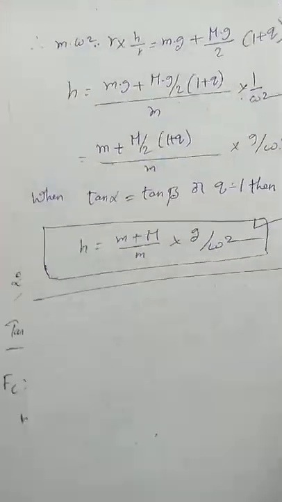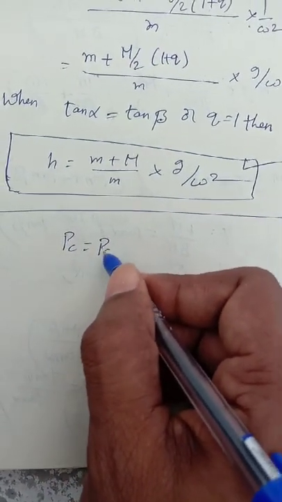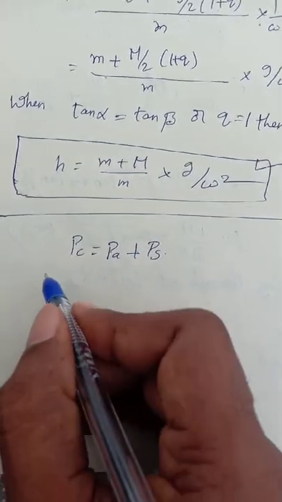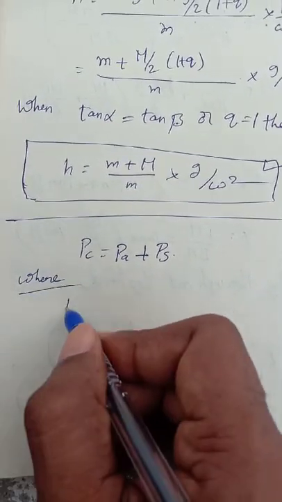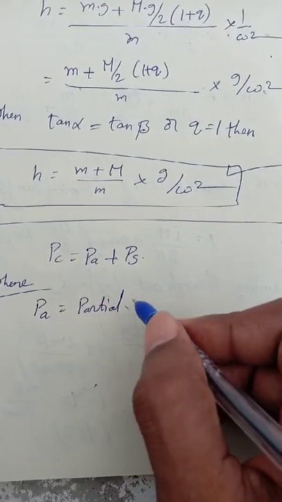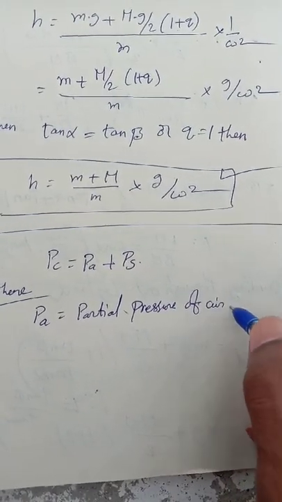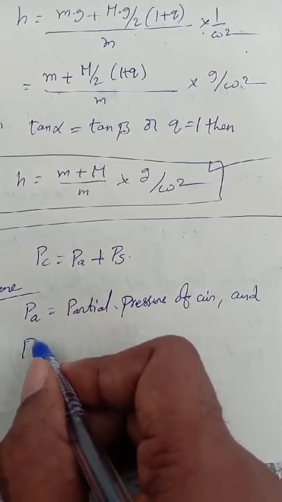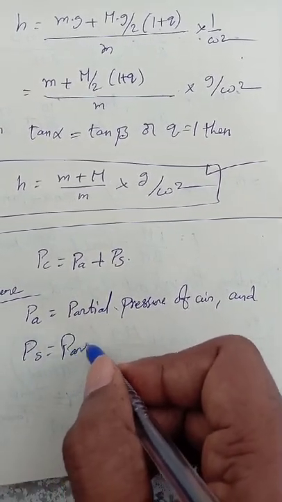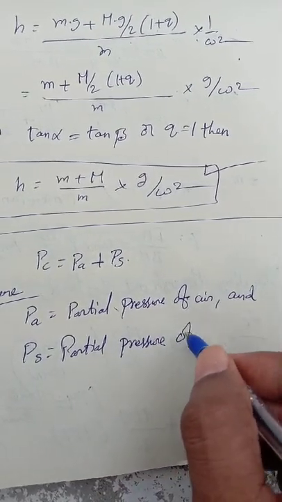So, air and steam. Now we are going to see PC is equal to PA plus PS, where PA is called the partial pressure of air and PS is the partial pressure of steam.